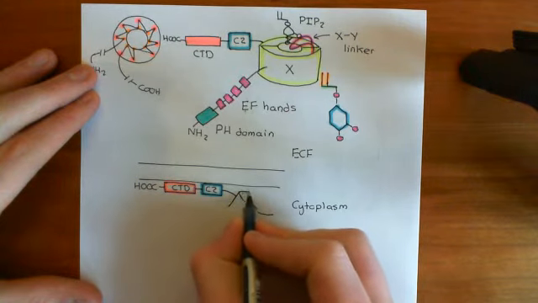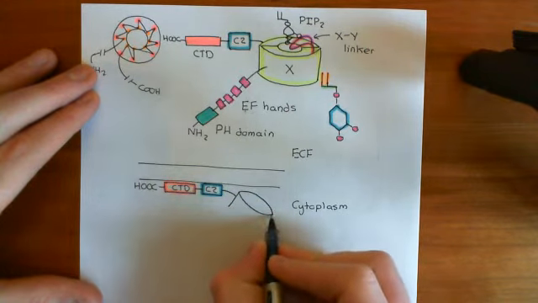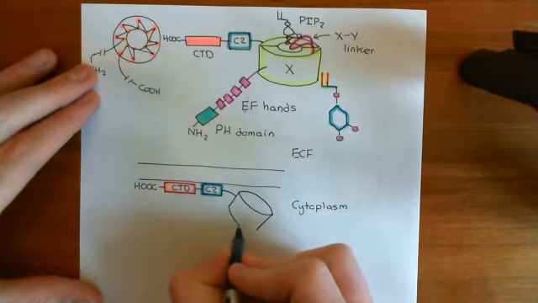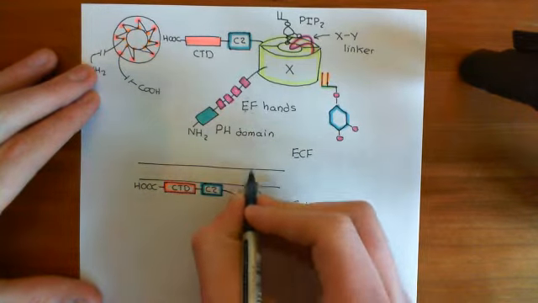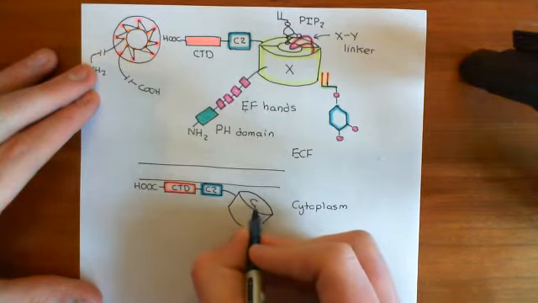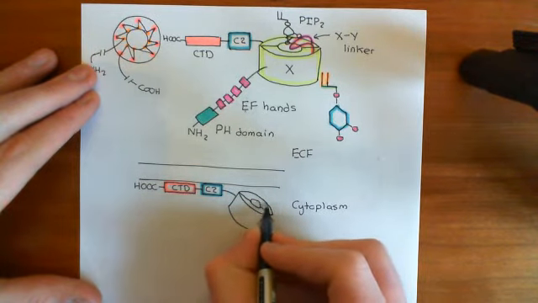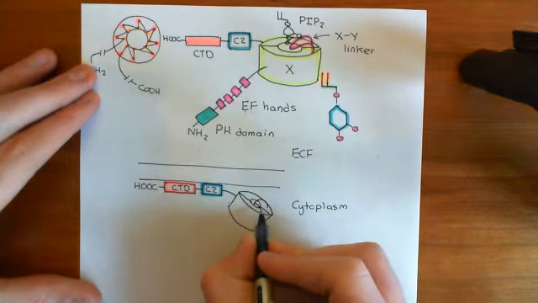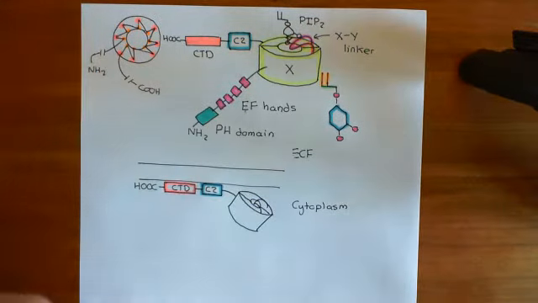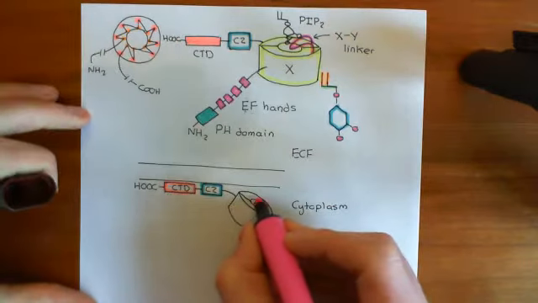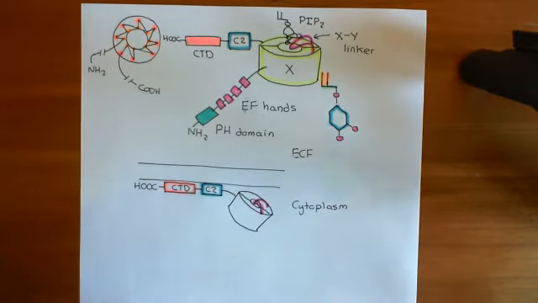So what will happen is the XY domain here, which is this TIM-like barrel domain, will not be properly positioned to interact with the phospholipid bilayer. In addition, you'll have the XY linker blocking the catalytic site. So here is the XY linker in purple here.